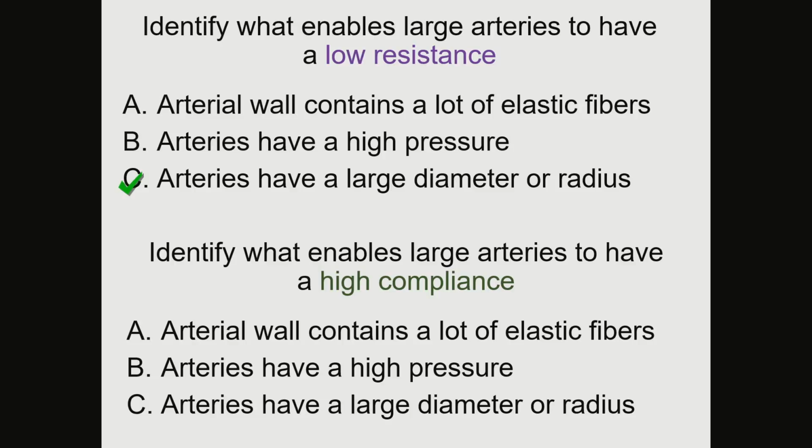So if the radius increases, the diameter has to increase. Compliance. Why do our large arteries have that high compliance? Not because they have a large radius, okay. That has nothing to do with it. It's because they have a lot of elastic fibers, okay.